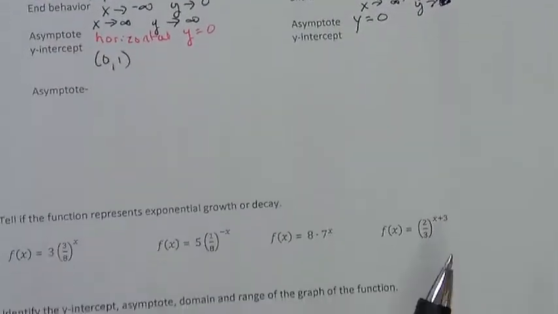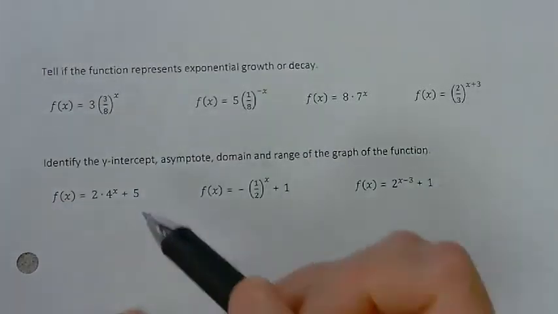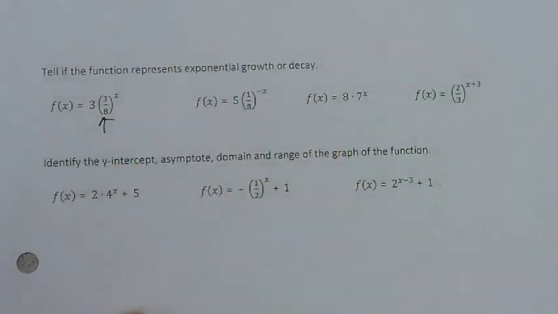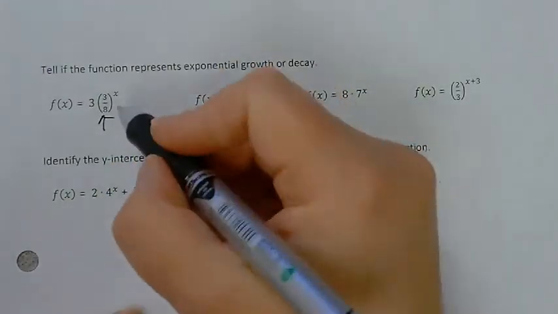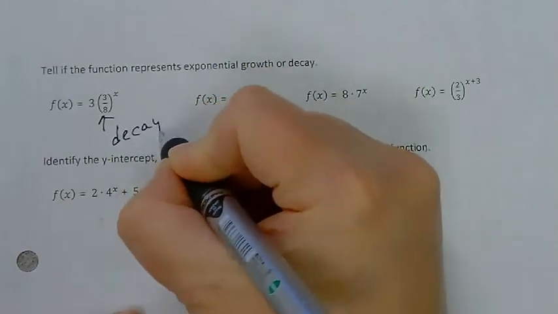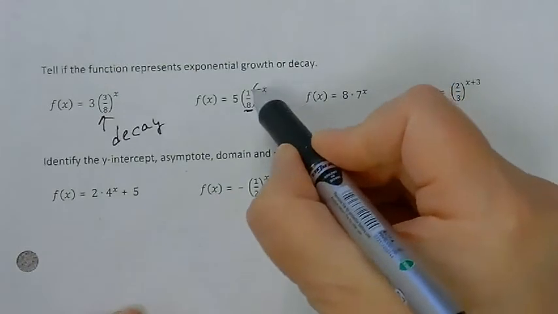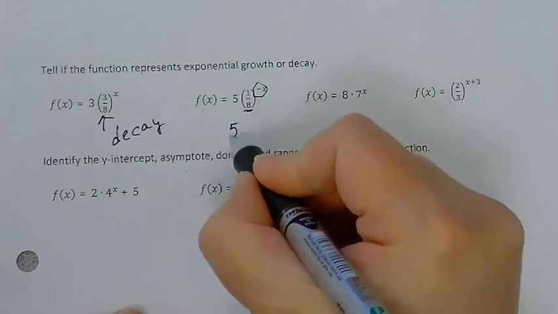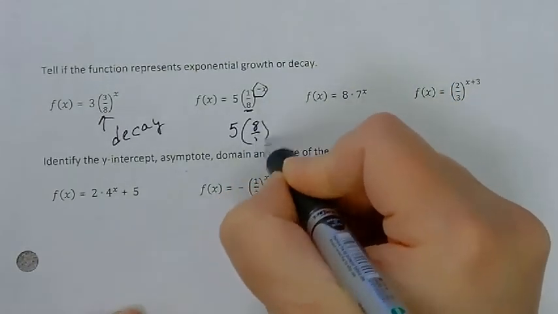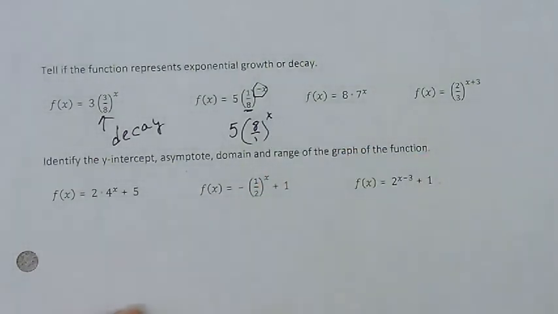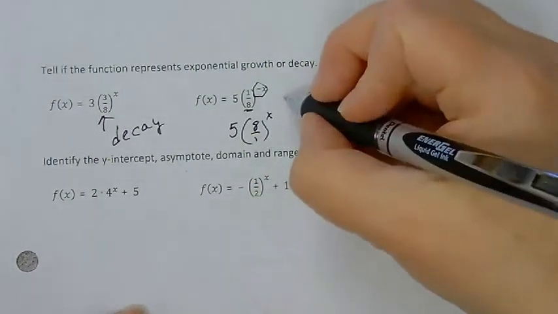Let's go ahead and go down here and let's just think about these. This one is a number between 0 and 1, so this would be decay. This is 1/8, but it's to a negative exponent, so this negative exponent is really going to make this 8 over 1 to the x power. Now that's bigger than 1, so this one will be growth.